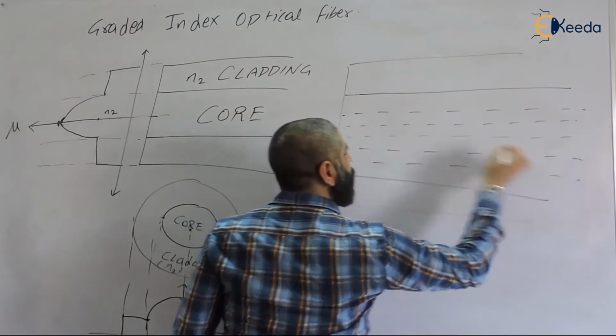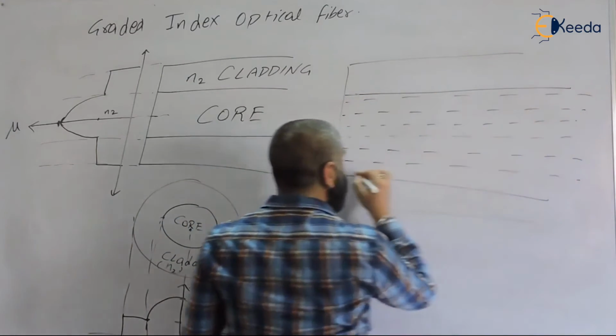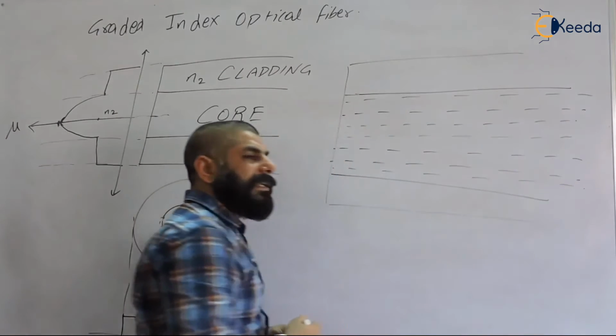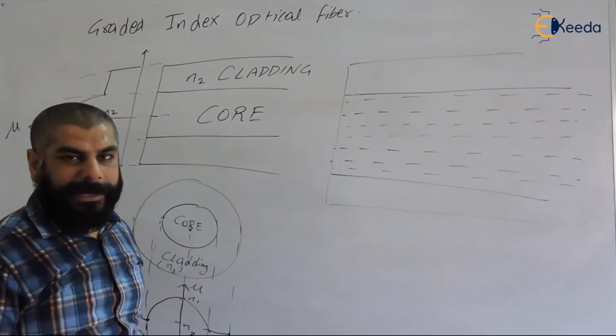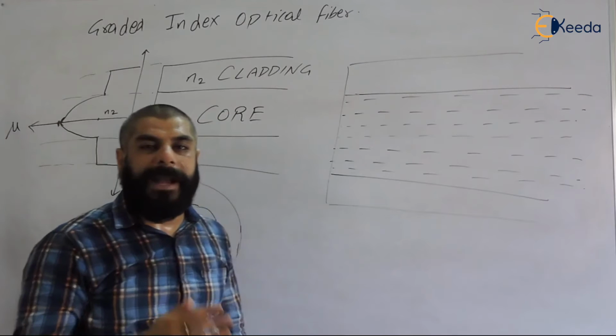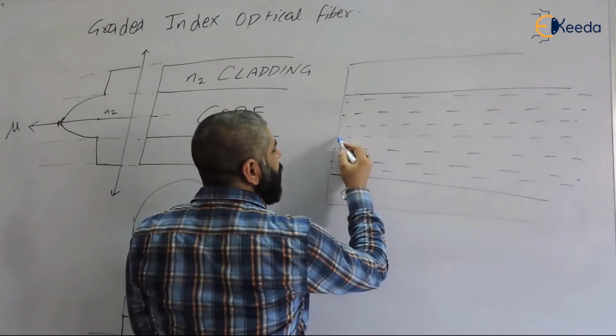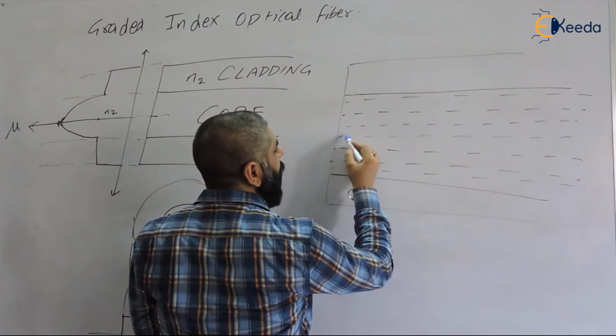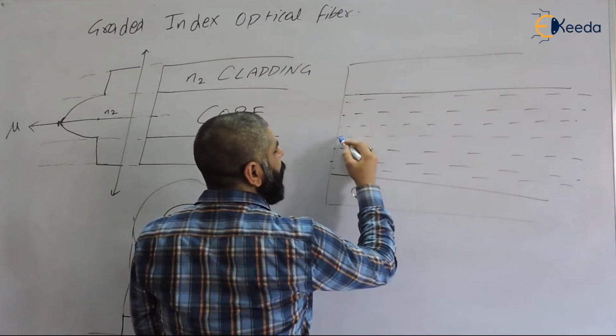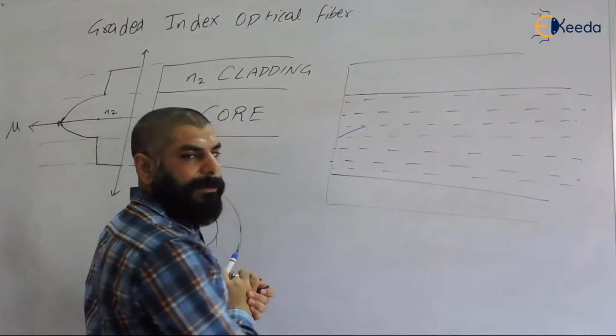When light travels, if there is a change of refractive index, then light will bend from its path. As it starts traveling inside, from this point to this point the refractive index is constant, so it will move straight.